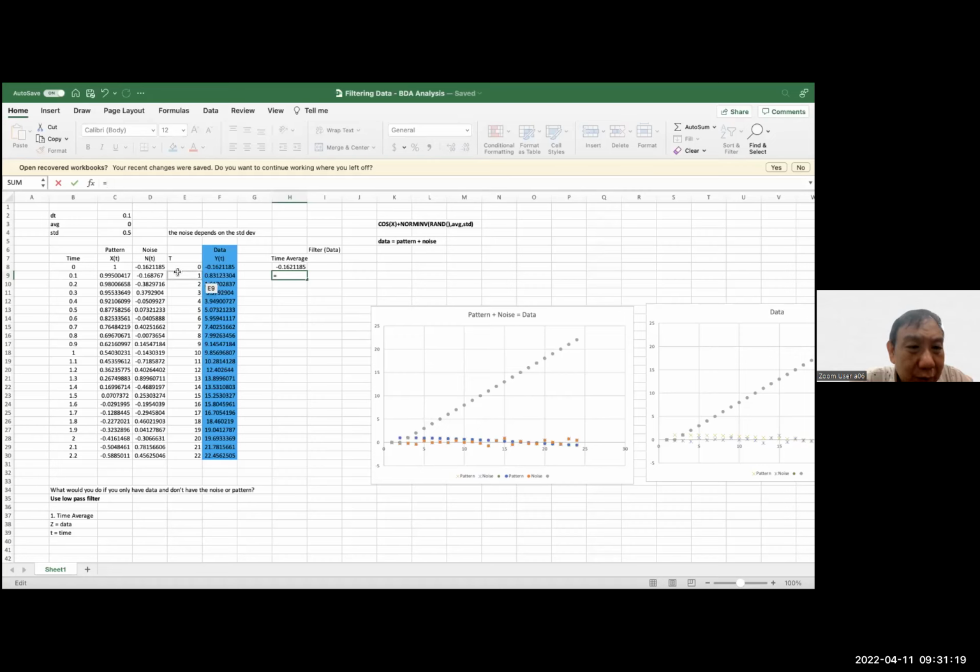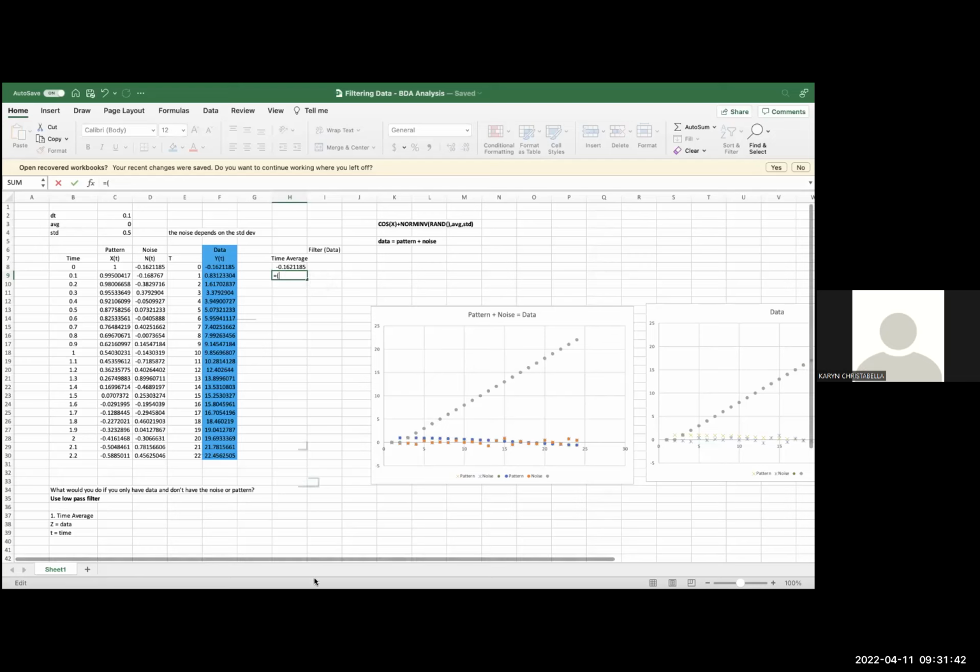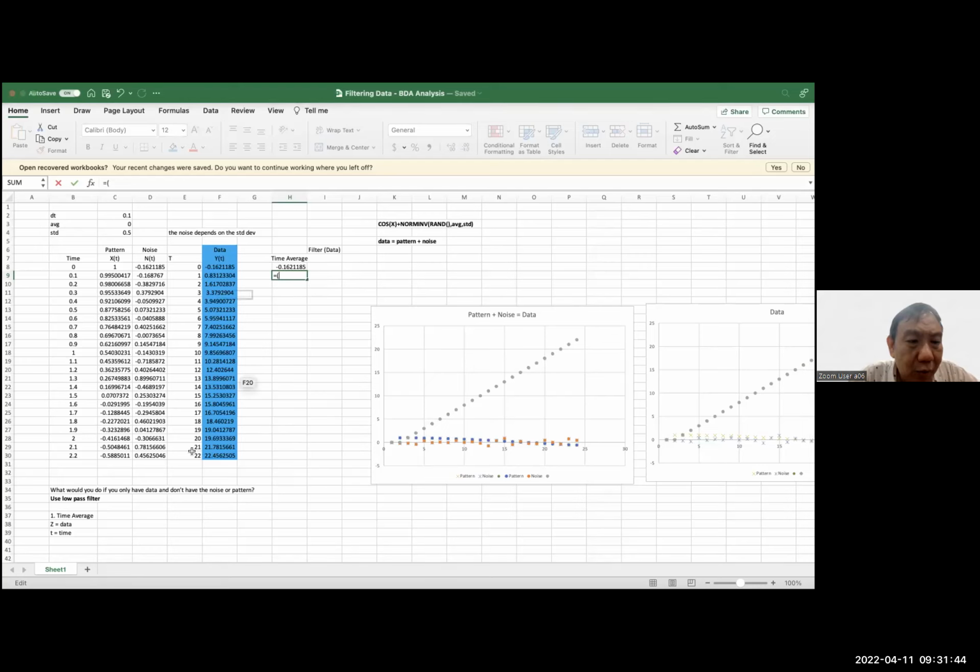Equal to, open parenthesis. I'm sorry, sir, what did you say? Open parenthesis. Okay. And then E9 minus 1.